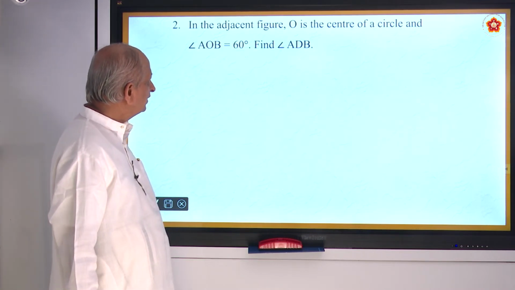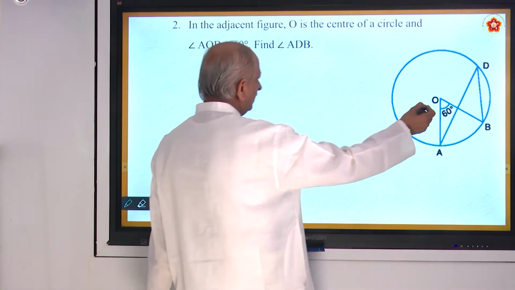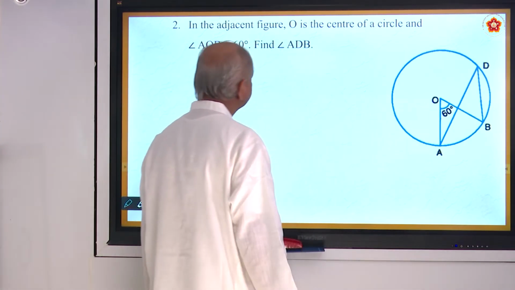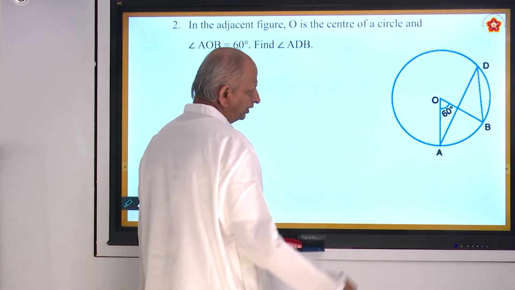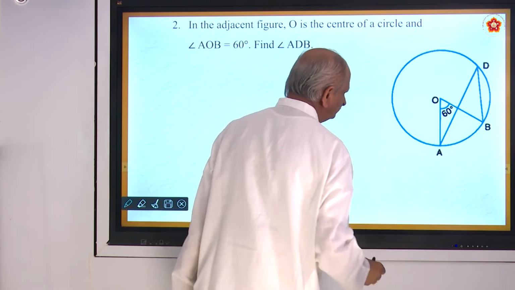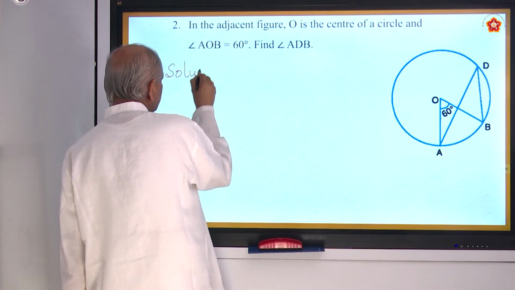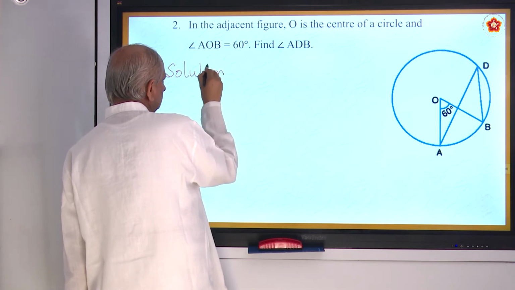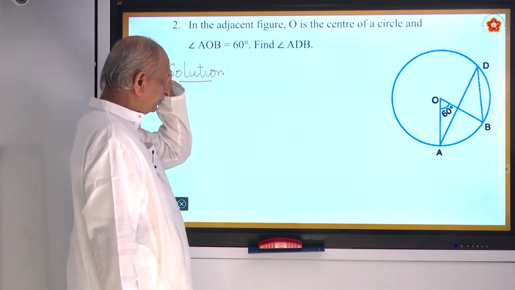The next question is, in the adjacent figure, O is the center of the circle and AOB is 60 degrees. Find ADB. You know AB is the arc. So the solution is: see, arc AB forms two angles.